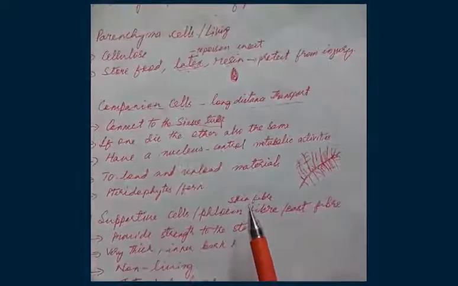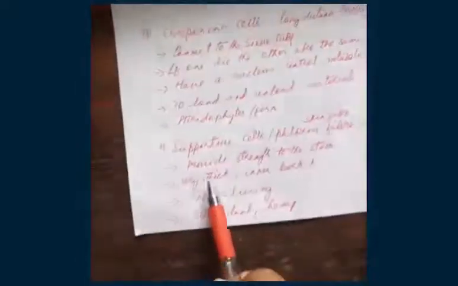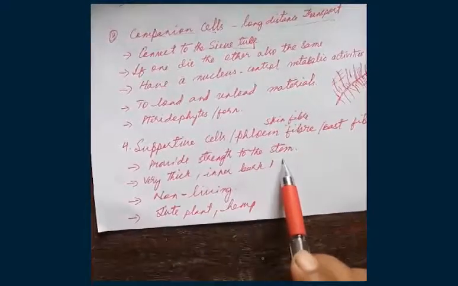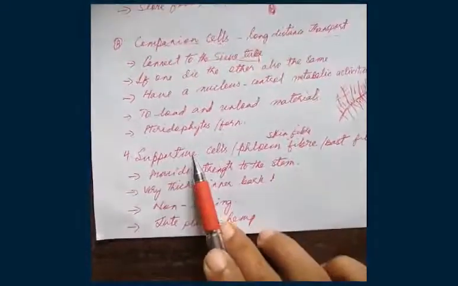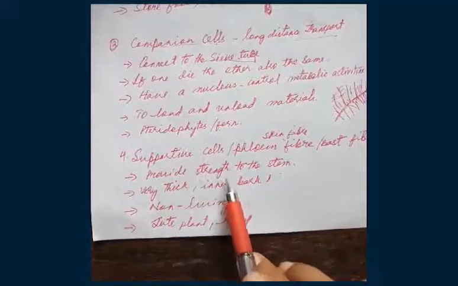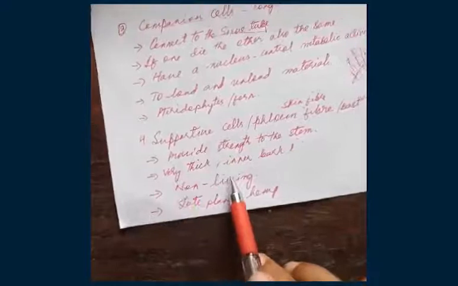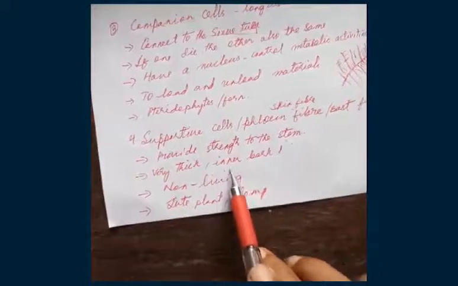I'll explain that later. Now look, what is the function? They provide strength to the stem. By the term supportive, it means they provide strength to the stem, and they are very thick. You will find this in the inner bark.